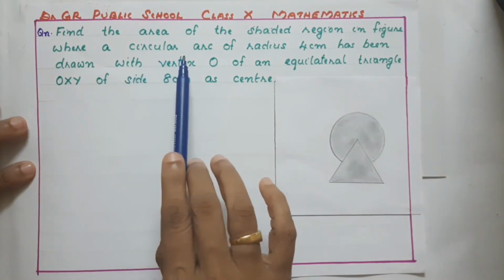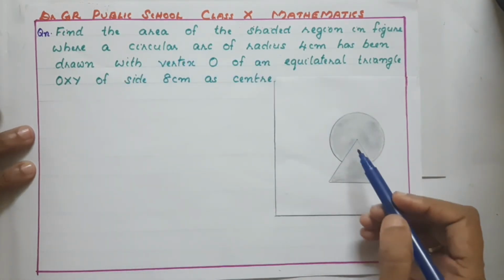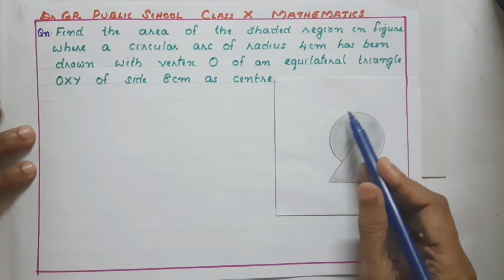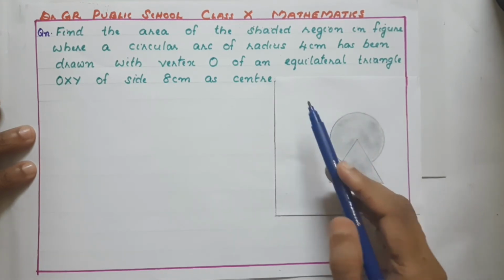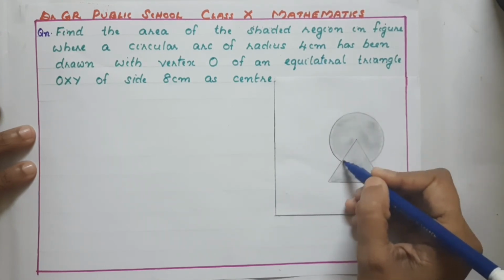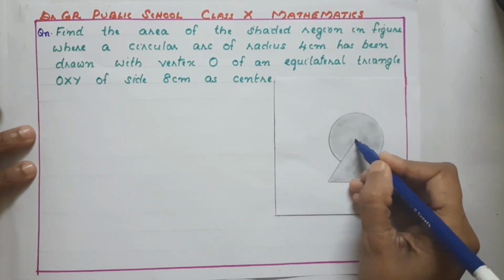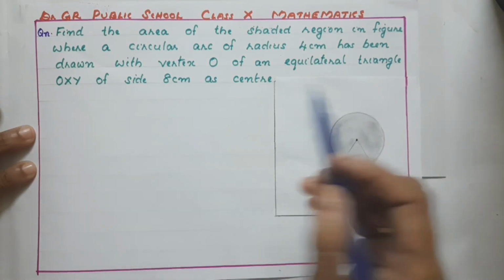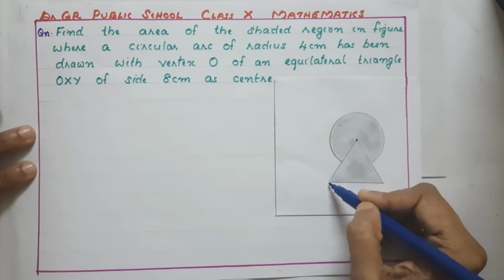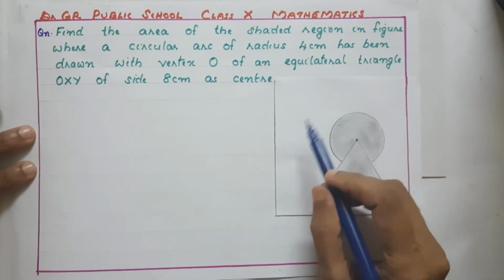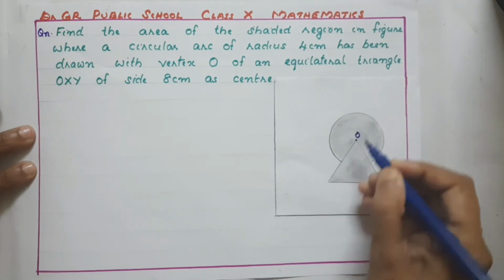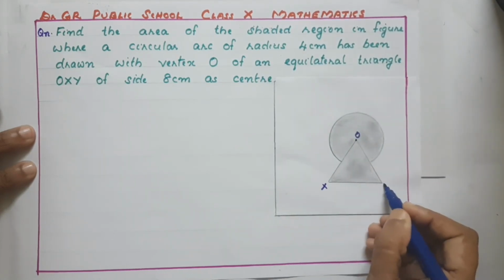What is given about the figure? Where a circular arc. So, here is an arc like this. It is an arc of radius 4 cm. So, if this is the center, it is drawn at a vertex of a triangle, isn't it? The equilateral triangle's name is OXY.